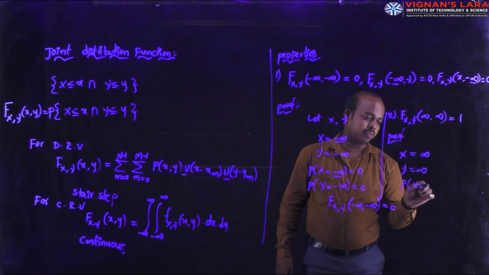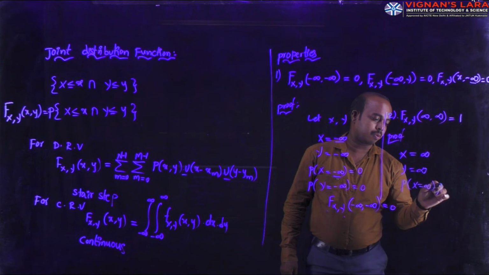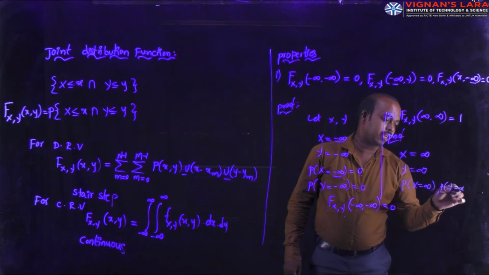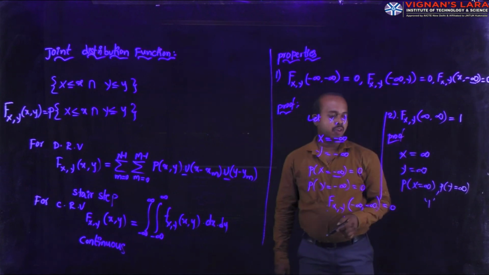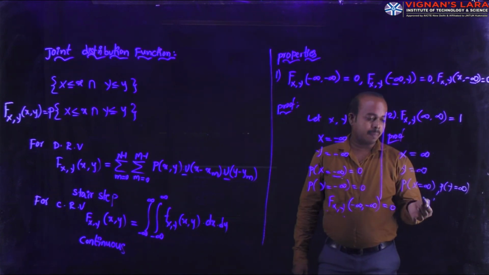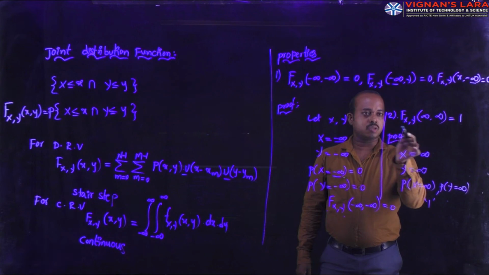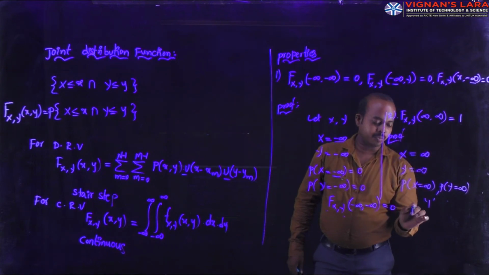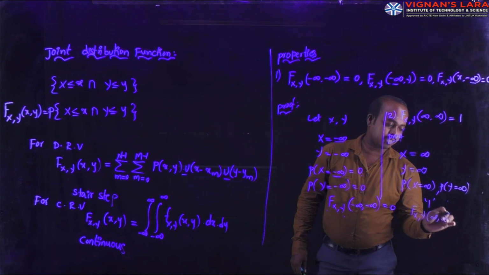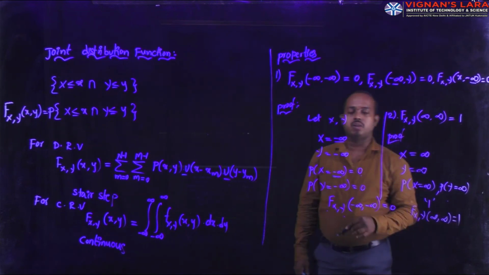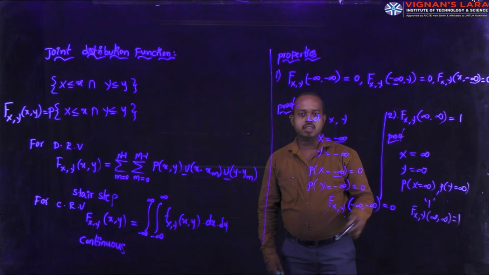The probability of x equal to infinity and the probability of y equal to infinity both have unity value. We can commonly apply this property on this function. Finally we write F_{X,Y}(plus infinity, plus infinity) is 1. This is the second property.